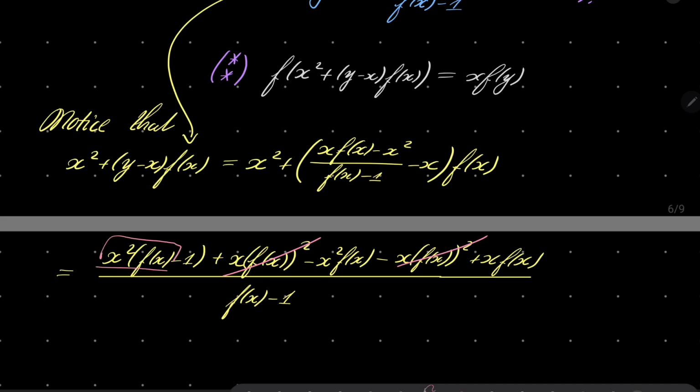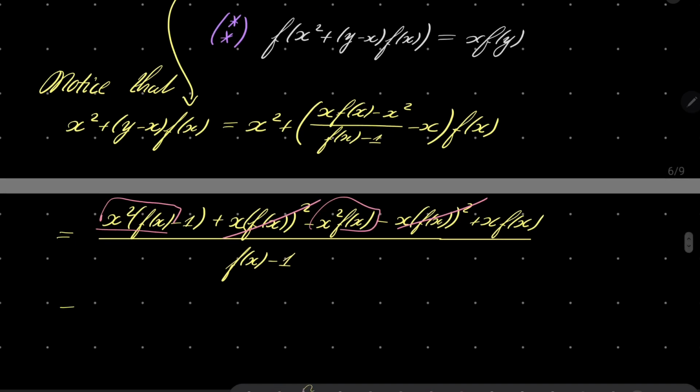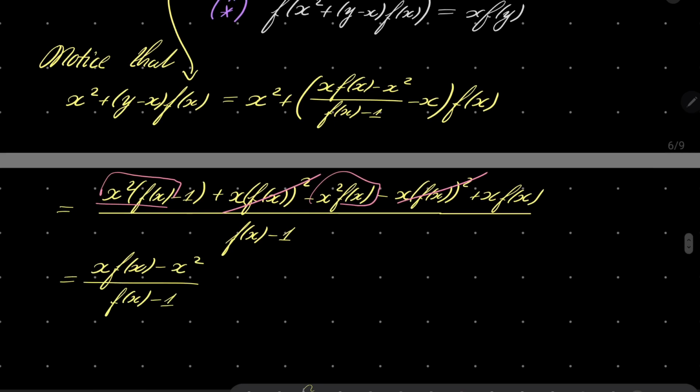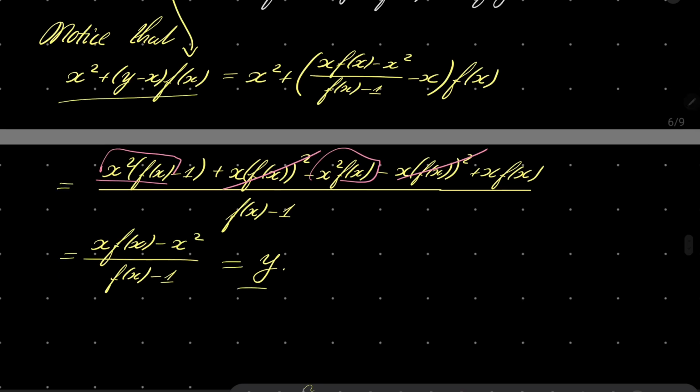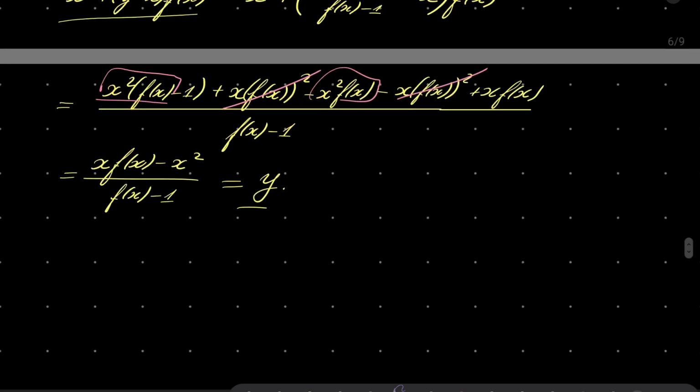This part cancels with this part, and we are left with just x times f of x minus x squared over f of x minus 1, which equals, very importantly, y. This equals y for this choosing of argument y.